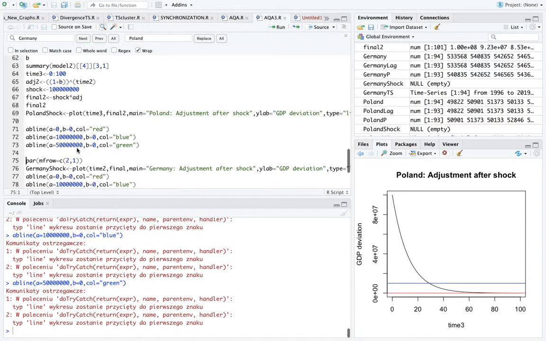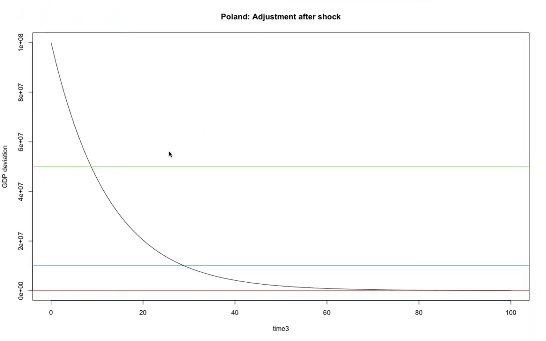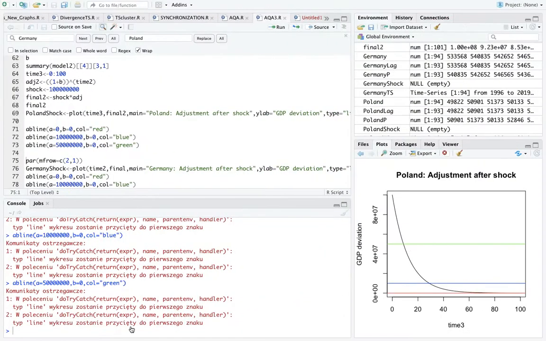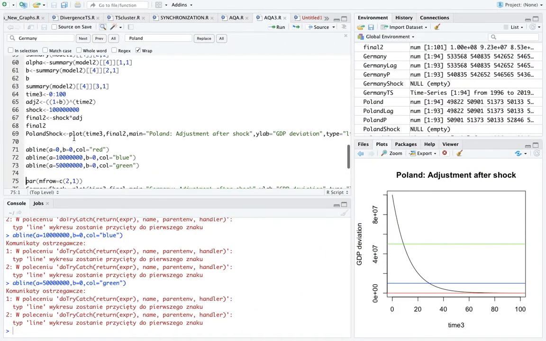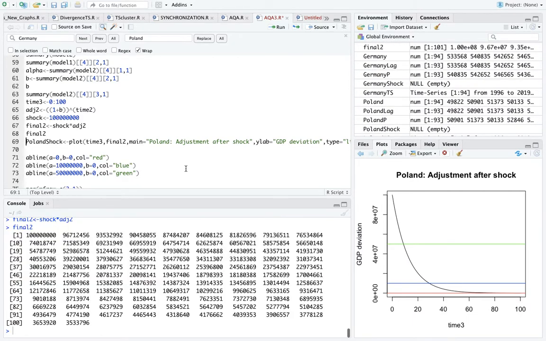Let me already add the lines. I know that in principle the graph doesn't look that much different, but maybe when we compare the two, you will be able to see it. Let me check one thing. Okay, I see the mistake. I'm sorry. The graphs were actually looking too similar.